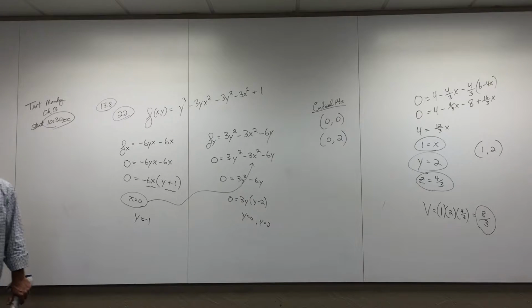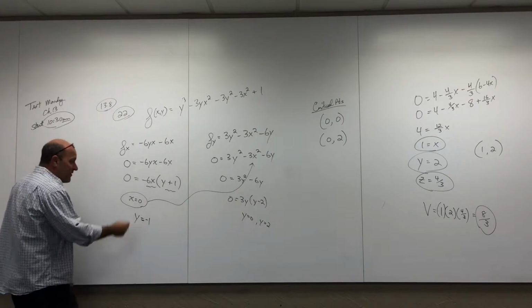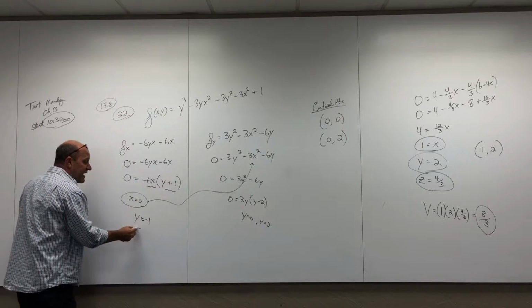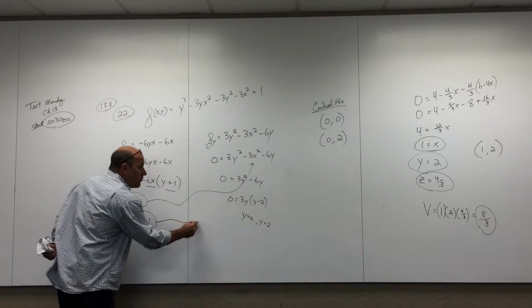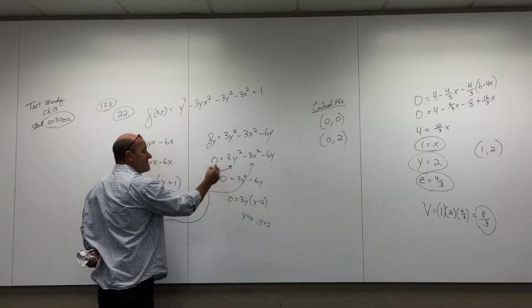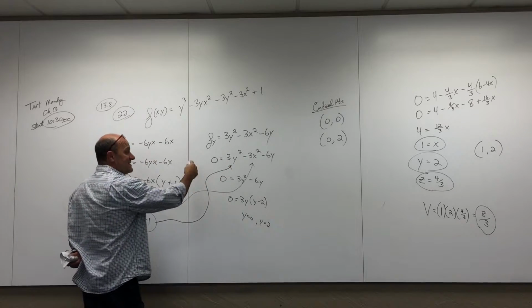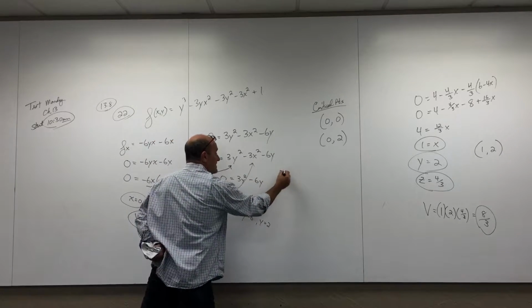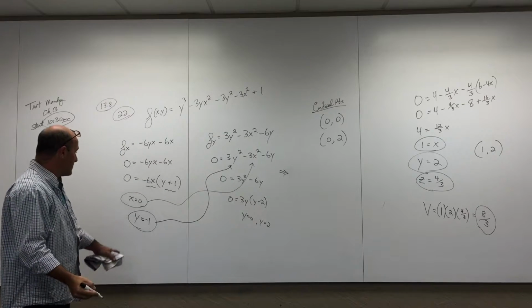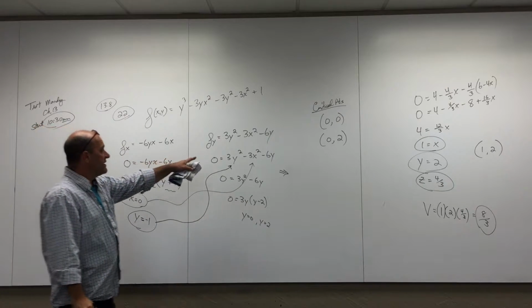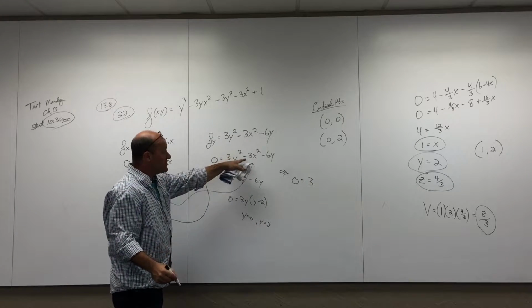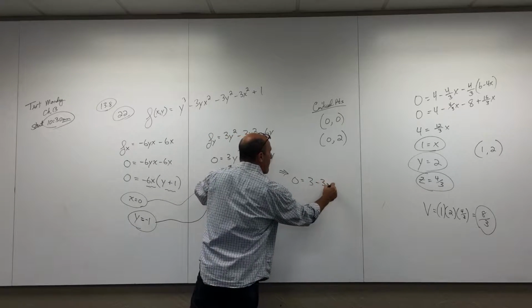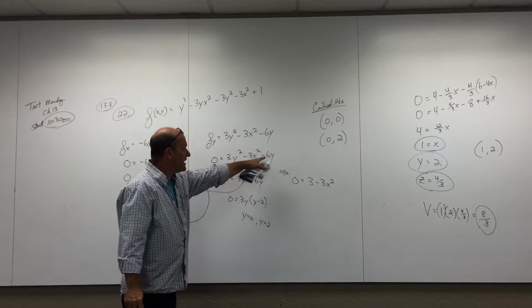Guess what? There's more critical points. Remember, this equaled 0 when y was negative 1. Let's take that y equals negative 1 and plug it in here. That gives me a 3 minus 3x squared. Okay, I'm plugging in a negative 1?